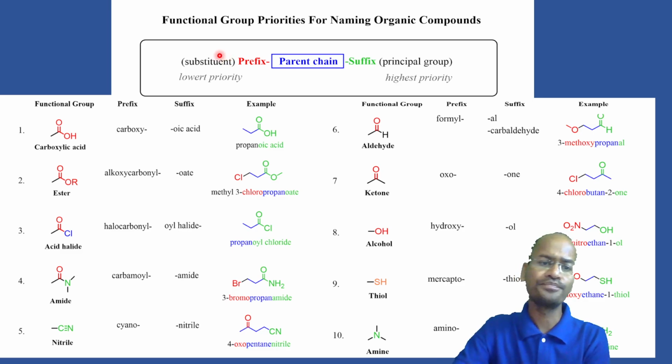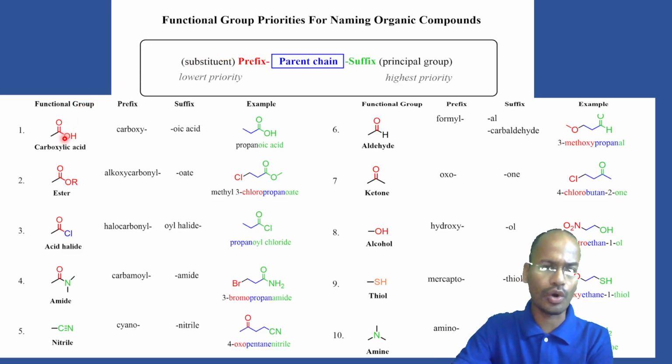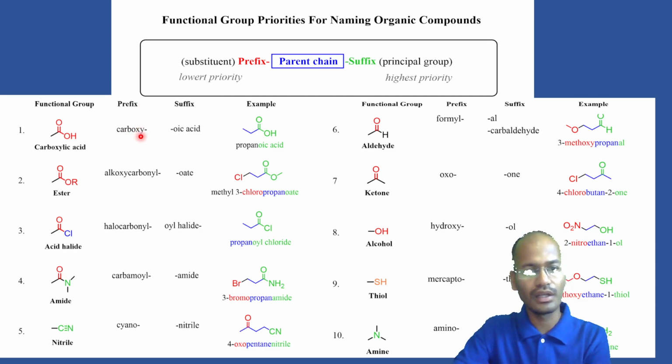For example, if the functional group is carboxylic acid, its prefix could be carboxyl or carboxy, and suffix could be oic acid. The same with the ester: alkoxycarbonyl, oate. Acid halide: halocarbonyl, oyl halide. Amide means it's going to be carbamoyl as a prefix and amide as a suffix.